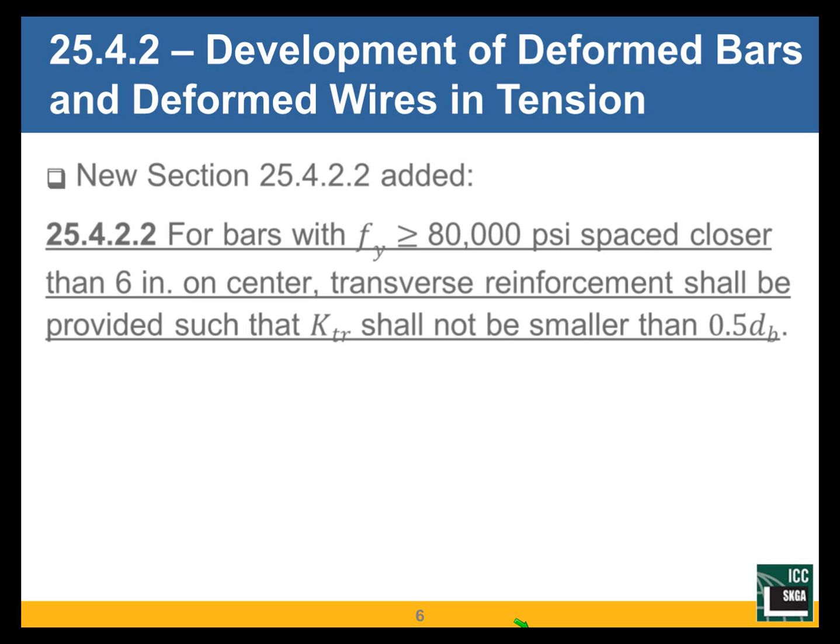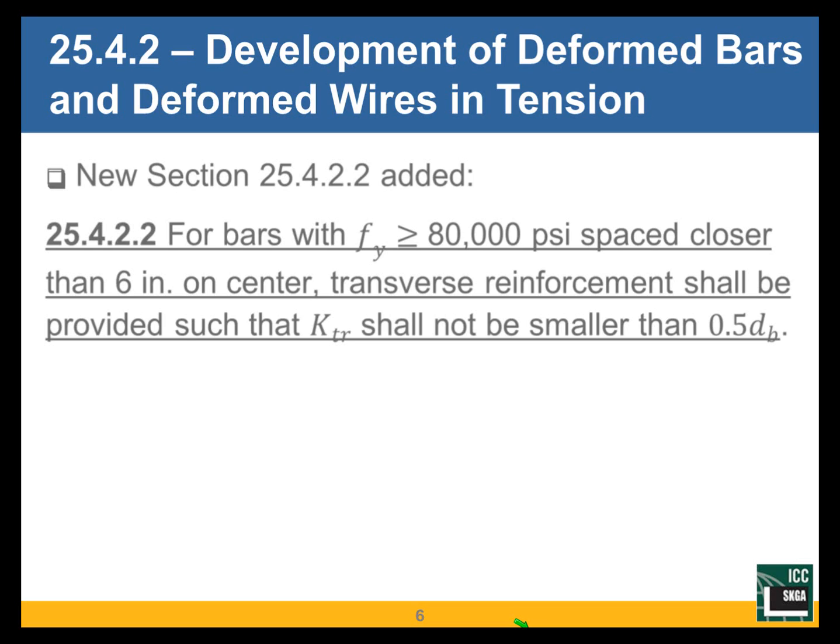For bars with f_y larger than or equal to 80 ksi, spaced closer than 6 inches on center, transverse reinforcement shall be provided such that K_tr shall not be smaller than 0.5 bar diameter. K_tr is defined.